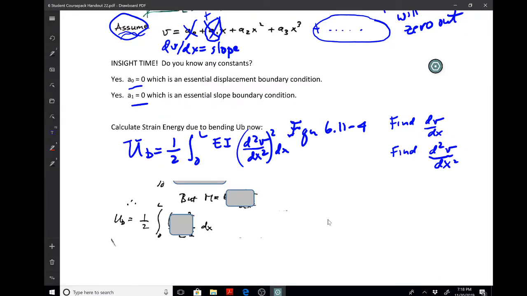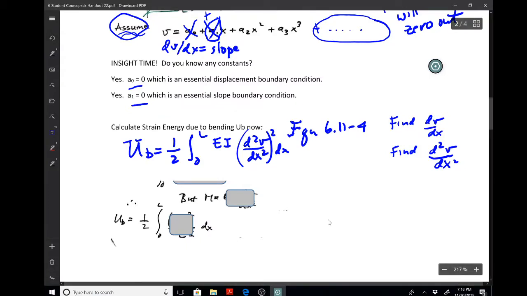There's another format here that I think is worth mentioning. I'll probably give you a homework problem on this, and it'll pop up at some point. Your favorite differential equation from the undergraduate curriculum, probably the only one that you remember, is M is equal to EI d squared v dx squared.